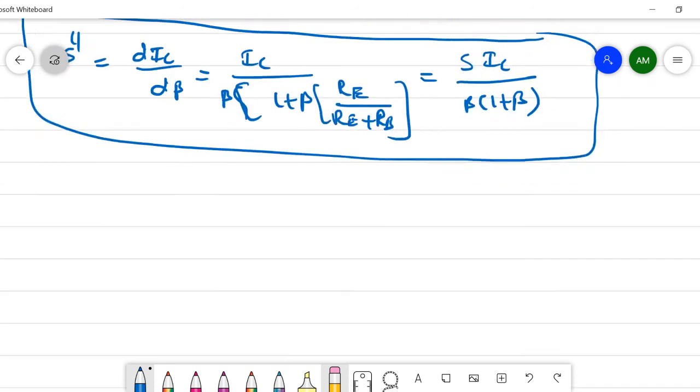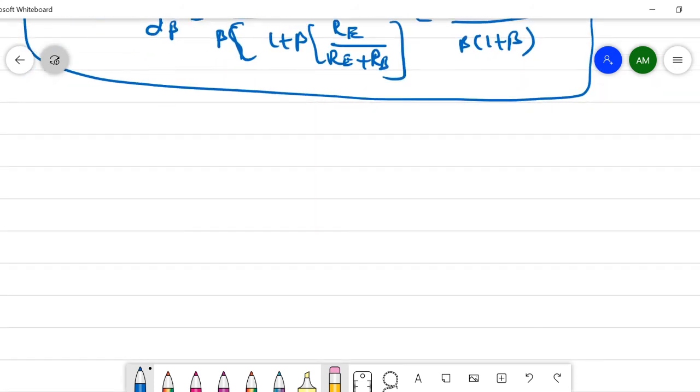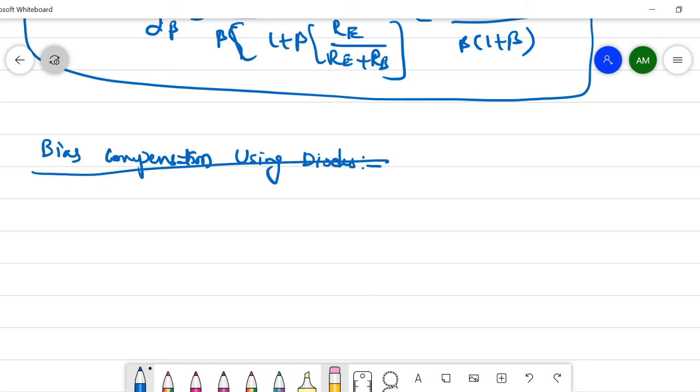The next topic is bias compensation using diodes. Till now we have discussed the different biasing methods: fixed bias method, collector to base bias method, and third, self bias method. All these are for stabilizing the operating point.